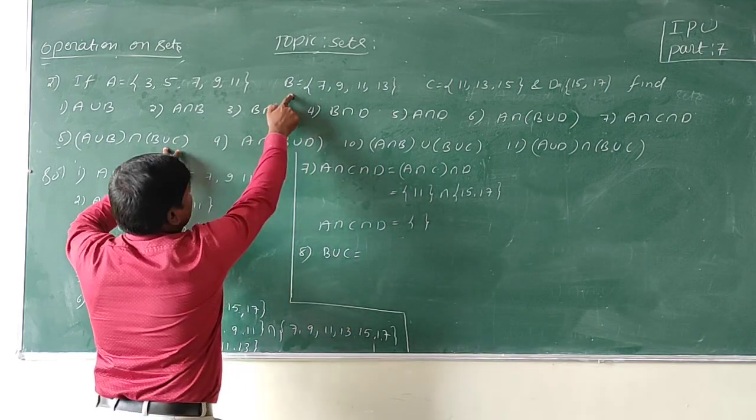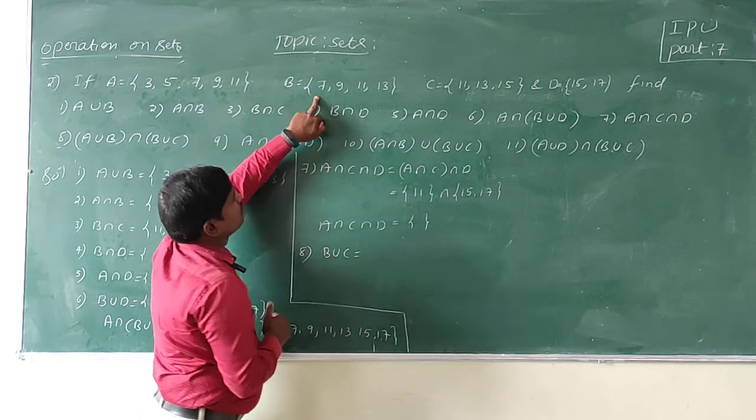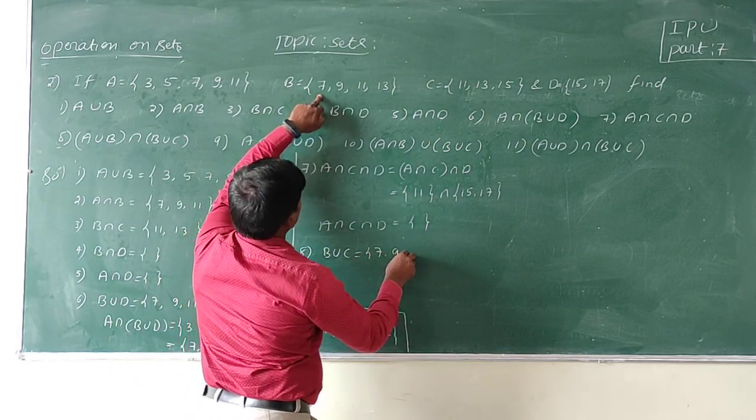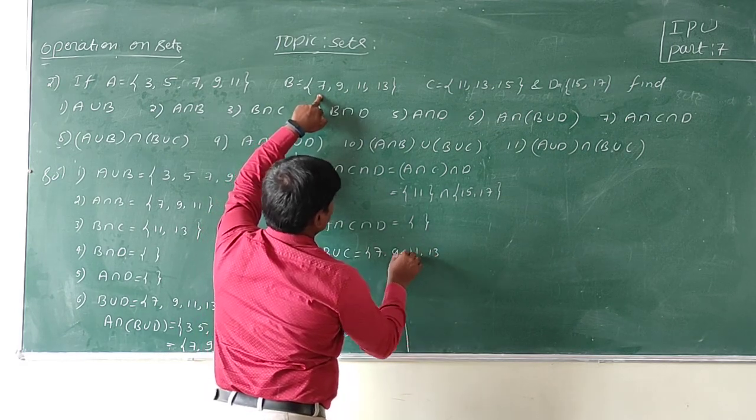this is the set B and this is the set C. So the union of B and C is 7, 9, 11, 13 and 15.